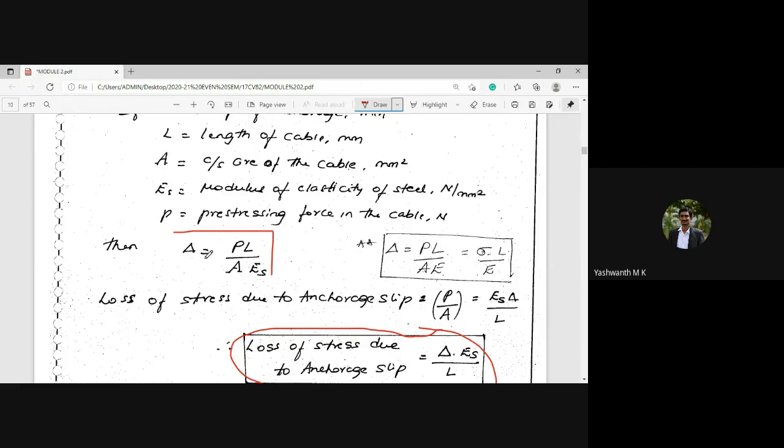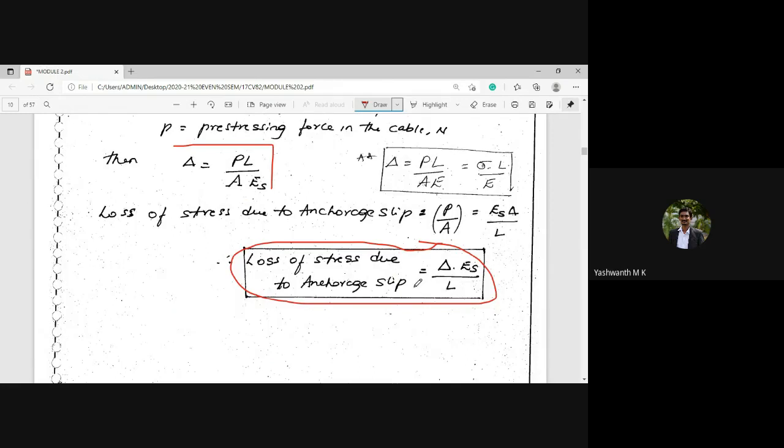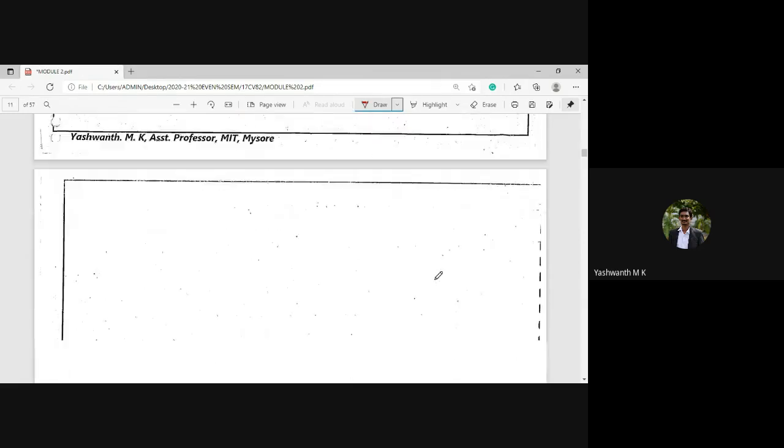I have taken out this P by A, which is load by area, and load by area is called stress. Therefore, stress is equal to Es delta by L. Finally, loss of stress due to anchorage slip is equal to delta Es by L. This is the formula you are going to use to calculate the loss of stress due to anchorage slip in the pre-stress.